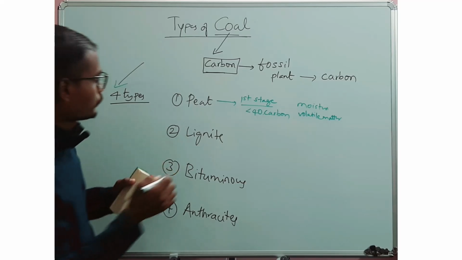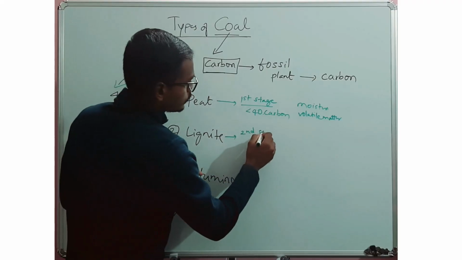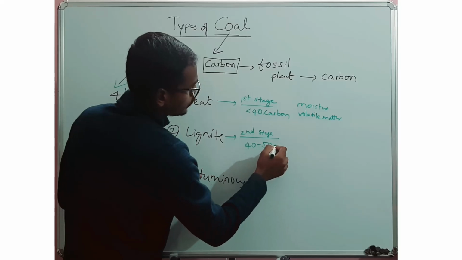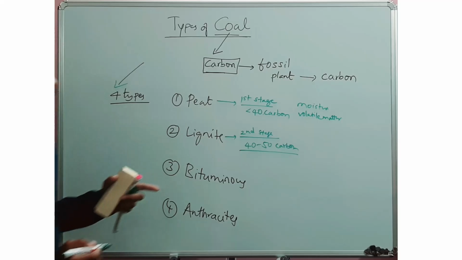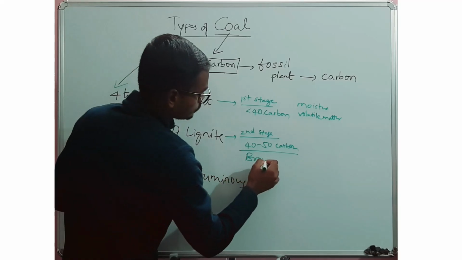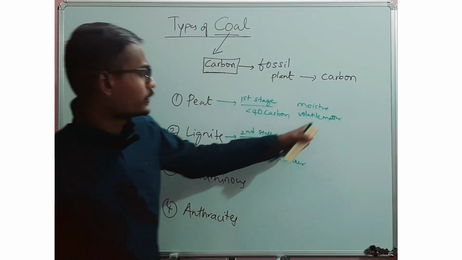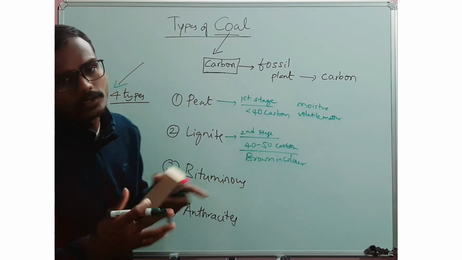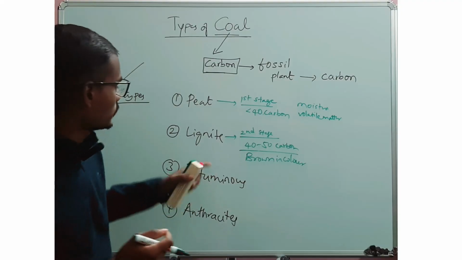Lignite is obviously the second stage of formation of the coal, and it has around 40 to 50% carbon content. It is brown in color, and it also has moisture content and volatile matter, because with only 40 to 50% carbon, the remaining are some vegetative matters present along with the lignite.